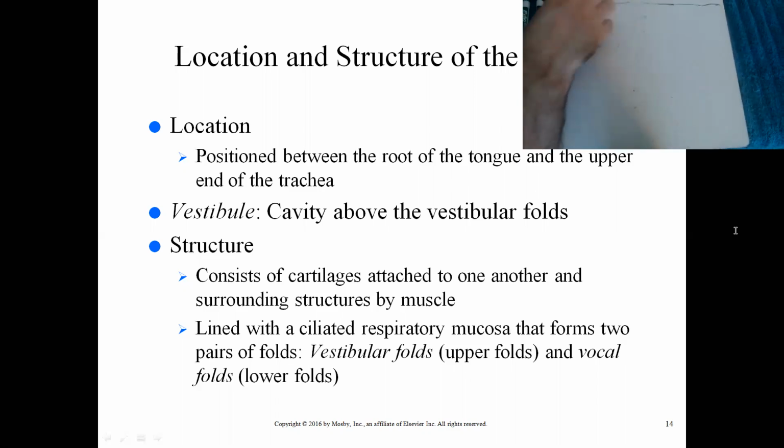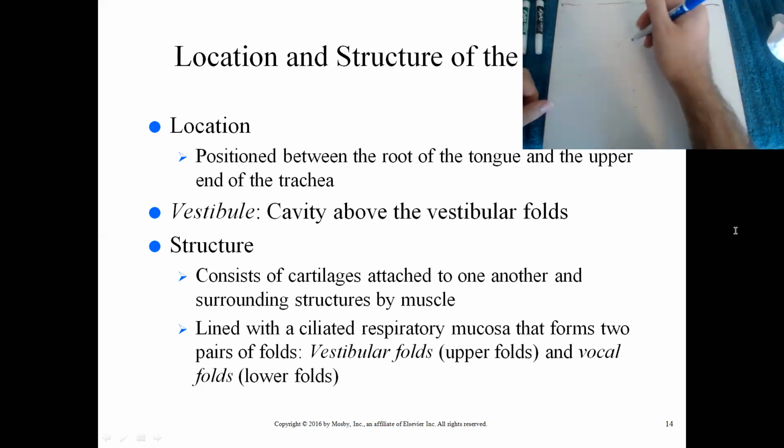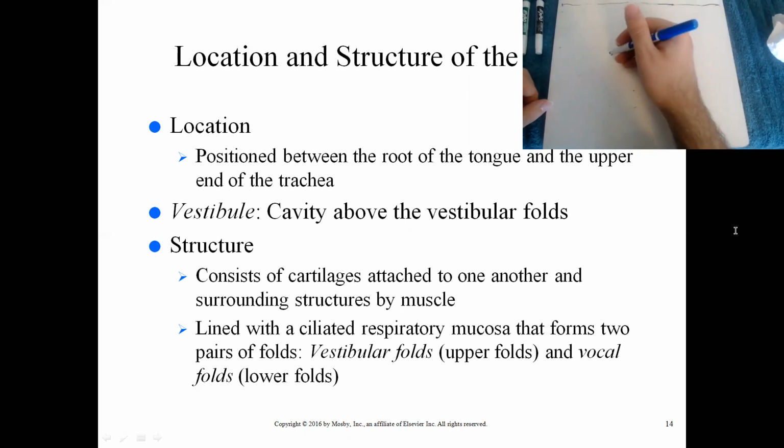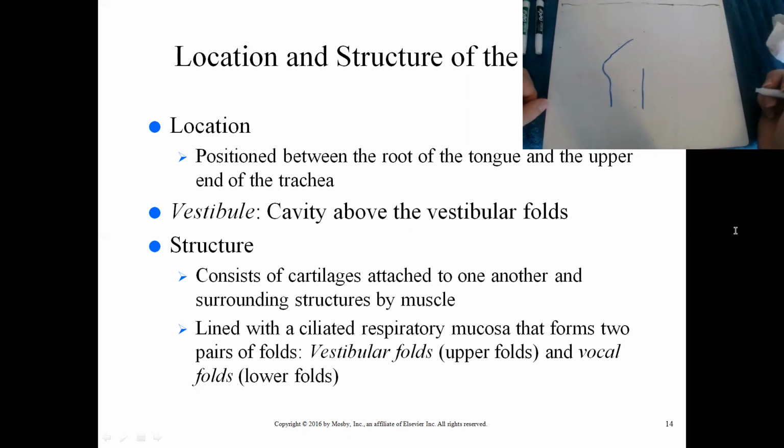So if you look at the larynx from the side, it'll look something like this. Okay, this is roughly the shape of the larynx from the side.